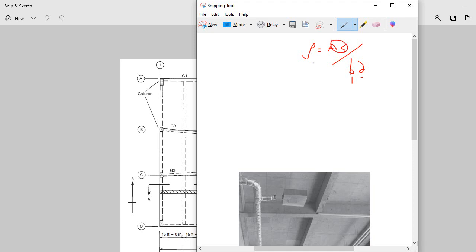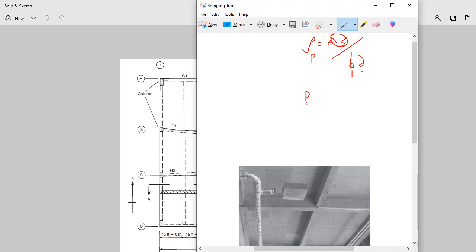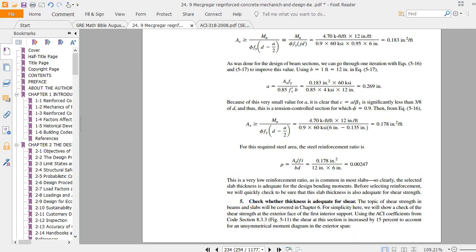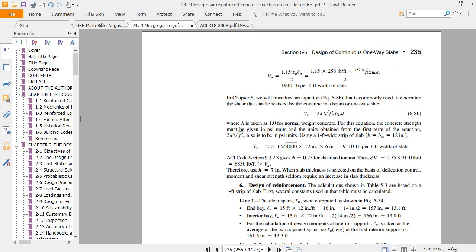But this is rho provided, remember, and you already know that rho provided should be less than rho max and greater than rho minimum. But this check is basically used for tension control sections, and we already checked that the section is tension controlled because this condition is satisfied, so we don't need to check that procedure.